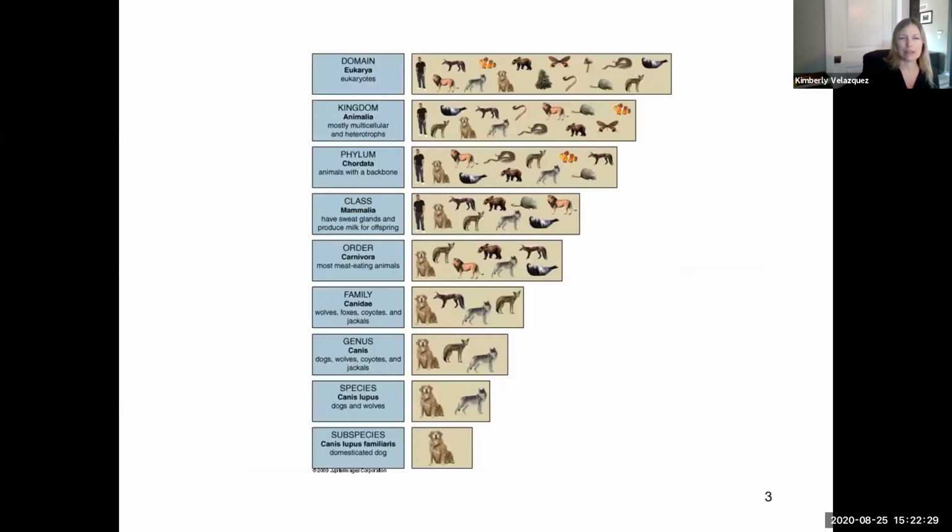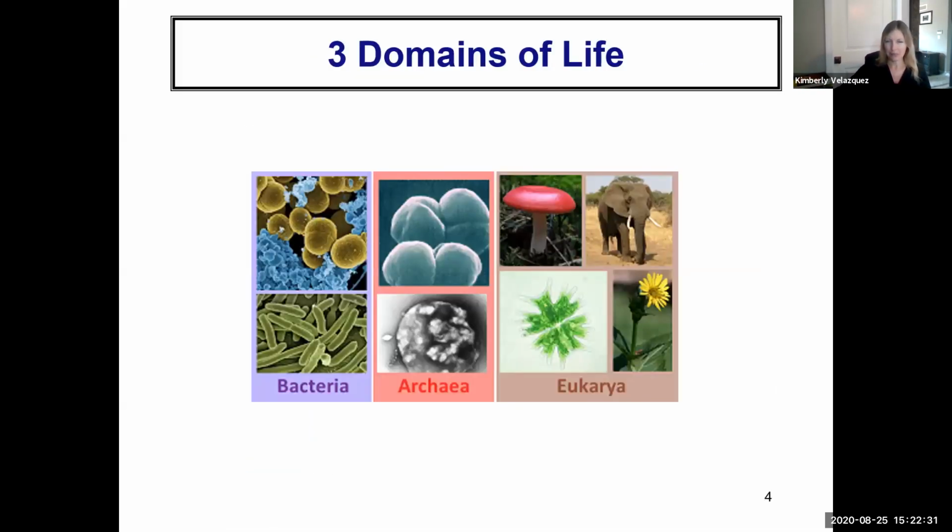Going back real fast, the three domains of life. You should be familiar with the three domains. So bacteria and archaea are both prokaryotes. And remember in the last lecture, we talked about prokaryotes very briefly. Very simple in structure, all single celled, and their DNA is not contained in a nucleus.